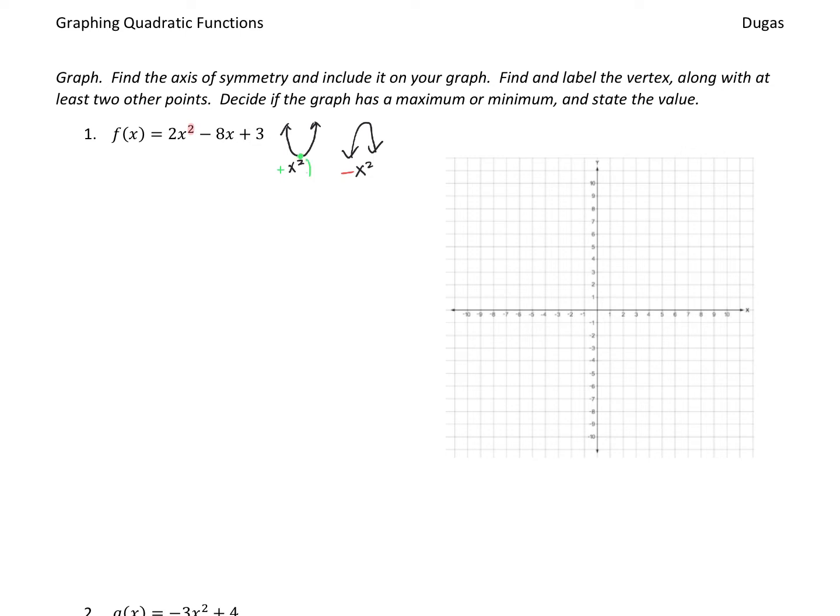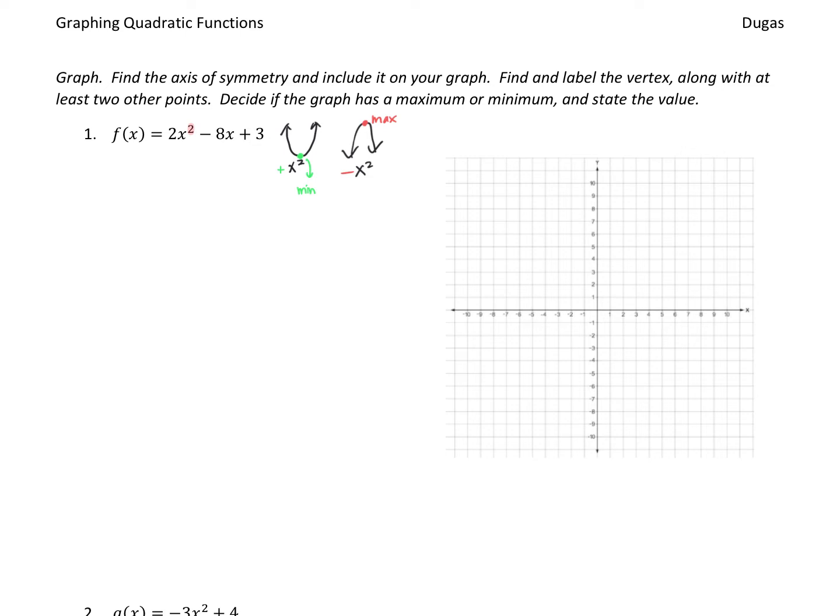That means you're going to have a minimum in that instance. If you have a negative in front of the x squared, notice that you have a very top. That is going to be a maximum. So anytime you have a positive x squared, your parabola will be opening up, and it will have a minimum. Anytime you have a negative x squared, your parabola will be opening down, and you'll have a maximum.